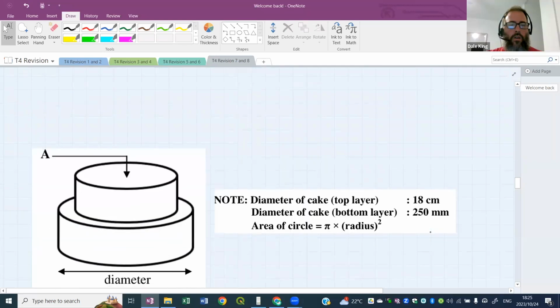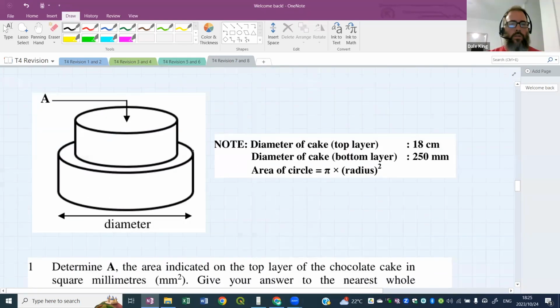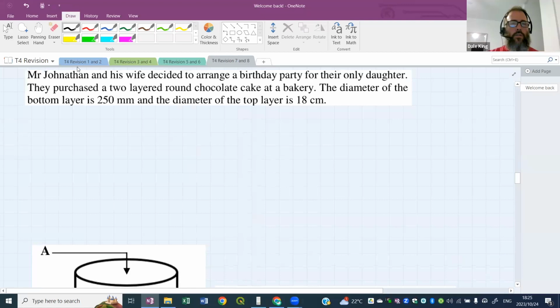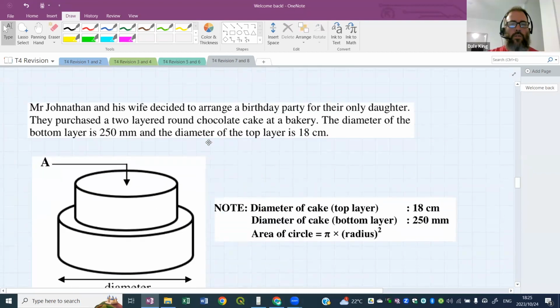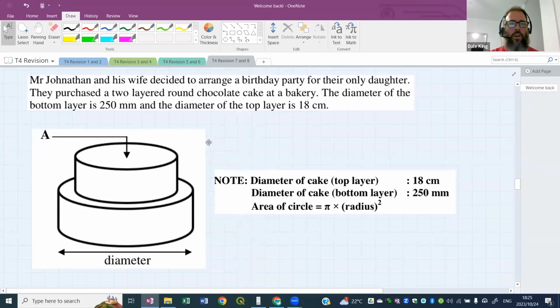Here we go. All right, let's bring this down so we can see it all together. So here is the contextual text. Mr. Jonathan and his wife decided to arrange a birthday party for their only daughter. They purchased a 2-layered round chocolate cake at a bakery. The diameter of the bottom layer is 250 millimeters and the diameter of the top layer is 18 centimeters.